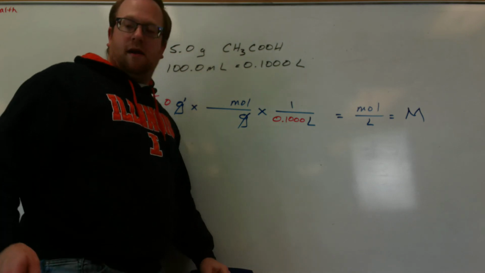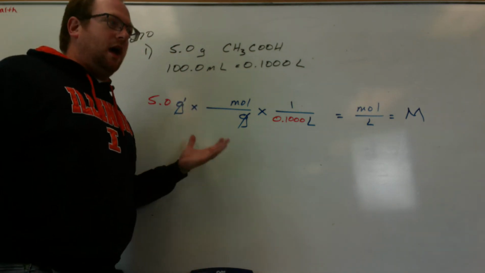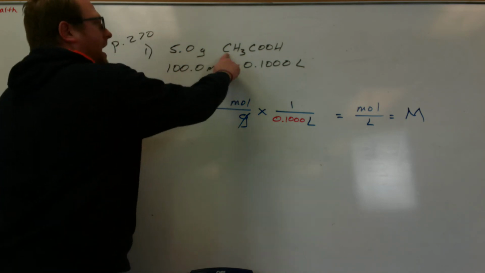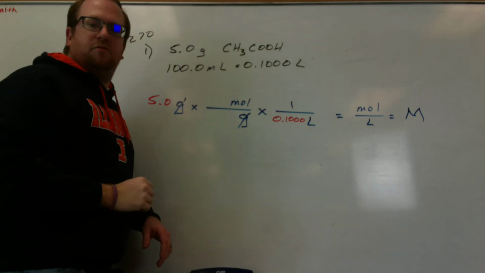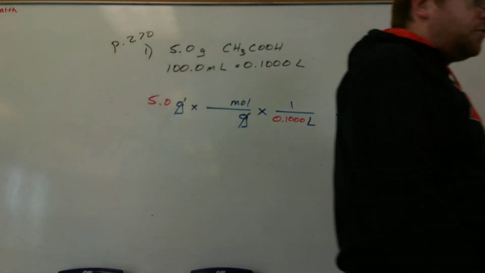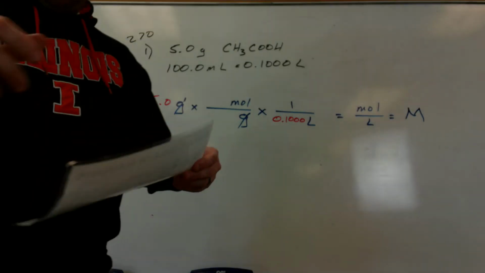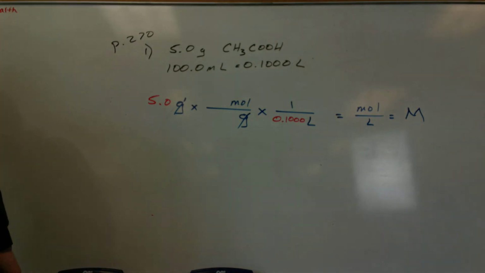Okay? All right, so let's go ahead and figure out the relationship between moles and grams of acetic acid. We're just going to look this up on the periodic table and add up all of the molar masses from my formula.